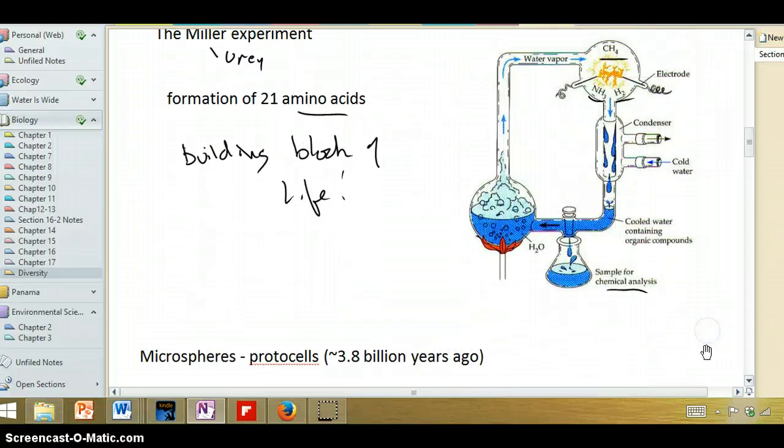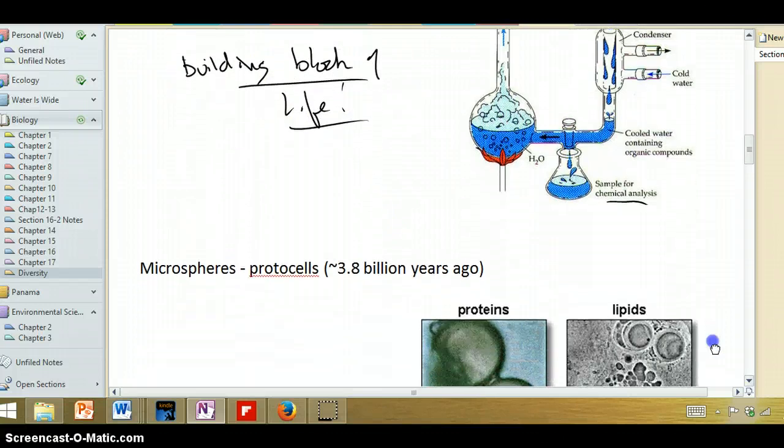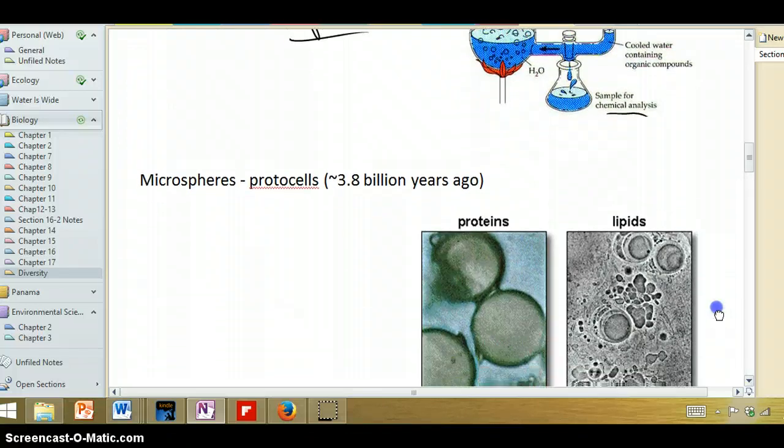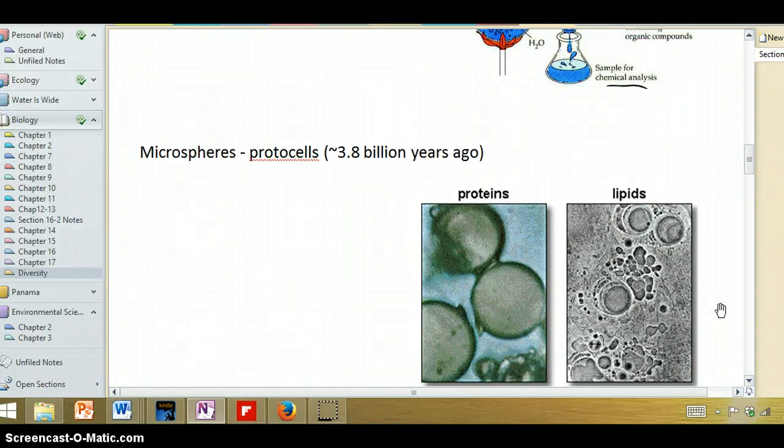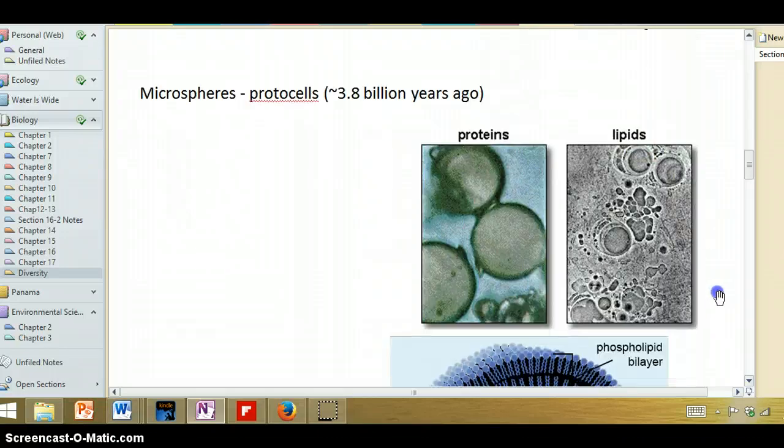All right, so you have the building blocks of life, but where does the first living thing come from? Well, some of these types of organic molecules you build, like proteins and also lipids, when they're in a water-based solution, an aqueous solution, will self-assemble into these balls or microspheres.